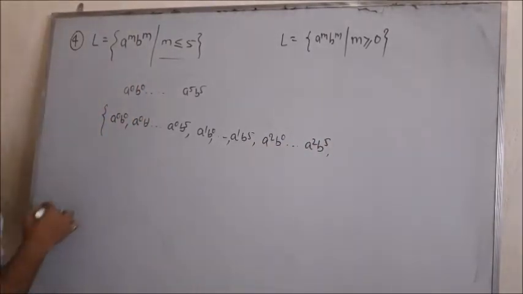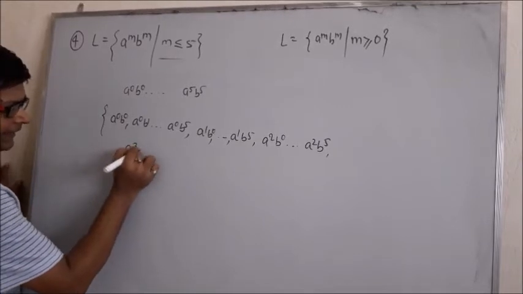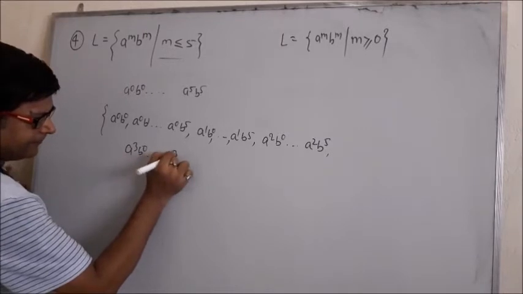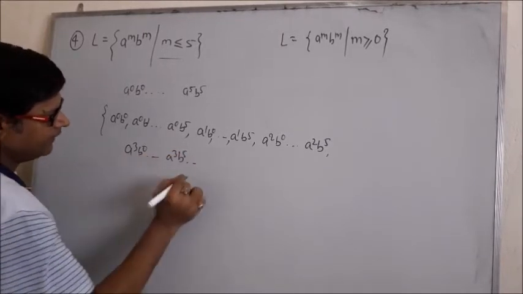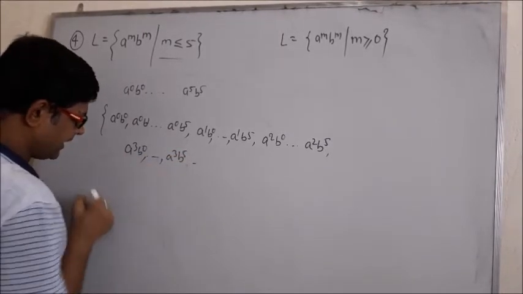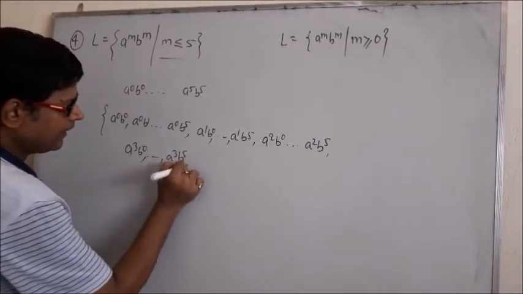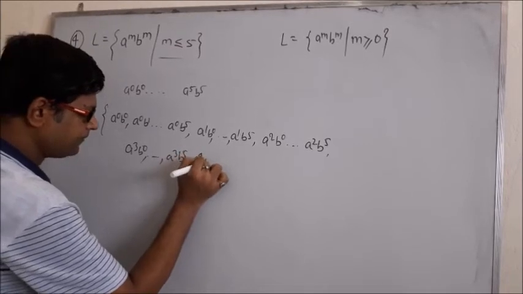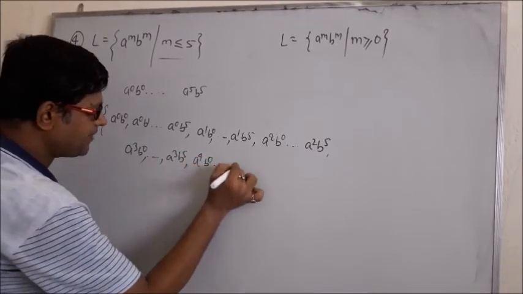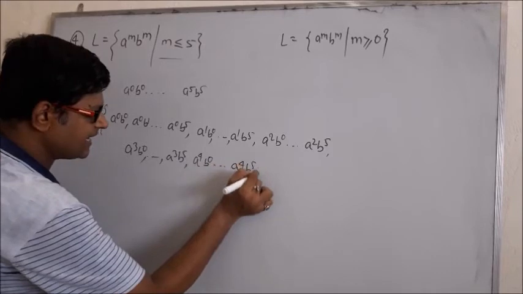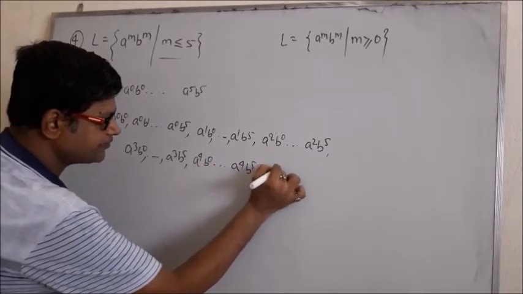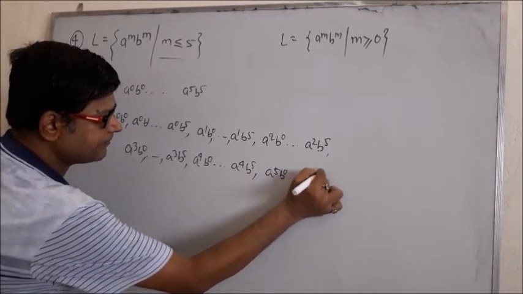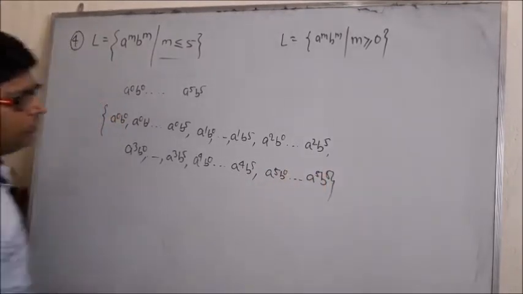Next, I am writing downstairs, A3, B0 to A3, B5, right? And similarly, again I am putting the comma, right? Now it will start from A4, B0 to A4, B5, right? And last will be your A5, B0 to A5, B5.